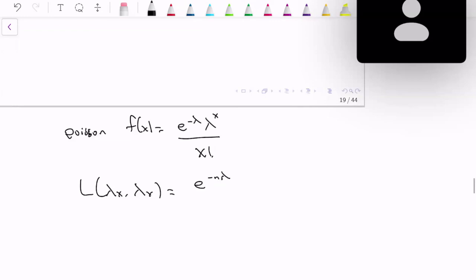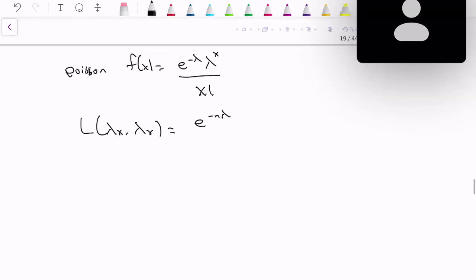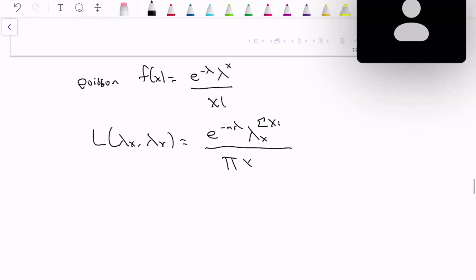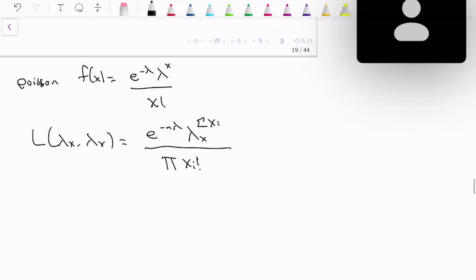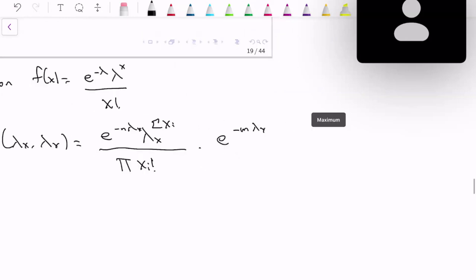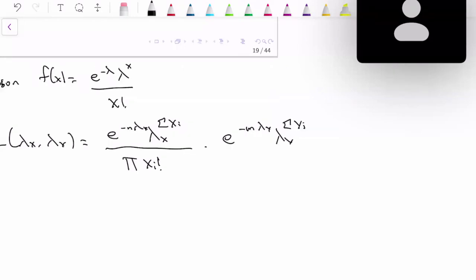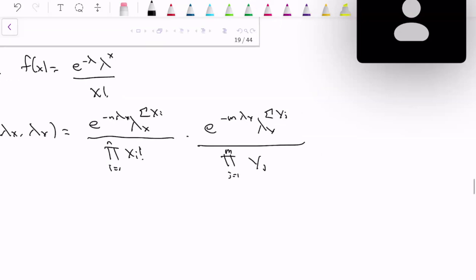If you do the product, it'll be e to the negative n lambda x, lambda x to the sum of xi, over the product of xi factorial, times e to the negative m lambda y, lambda y to the sum of yj, over the product of yj factorial, with i equals 1 to n and j equals 1 to m. I forgot to write x here, sorry.